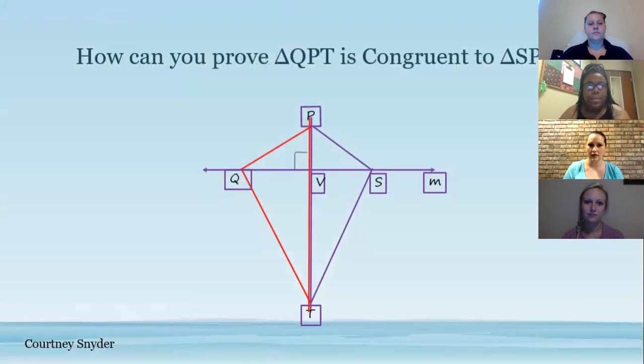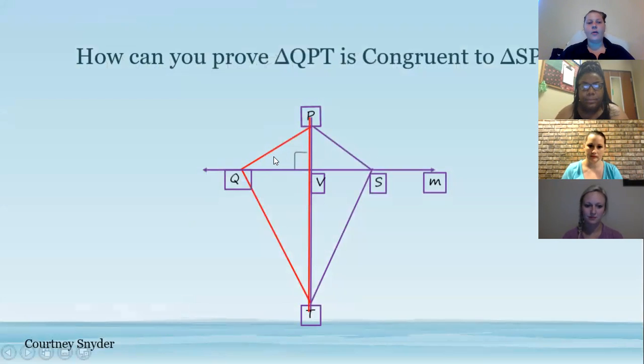All right, Courtney, how can you prove that triangle QPT is congruent to triangle SPT? That's a great question. We have the triangle QPT right here that's highlighted in red, and then we have triangle SPT over here highlighted in purple. This line right here down the middle is a straight vertical line.